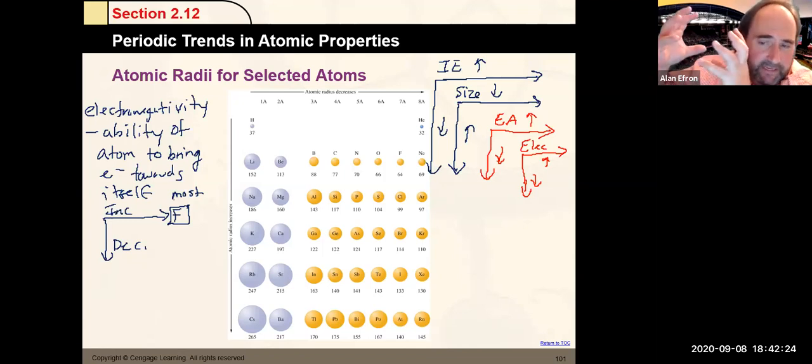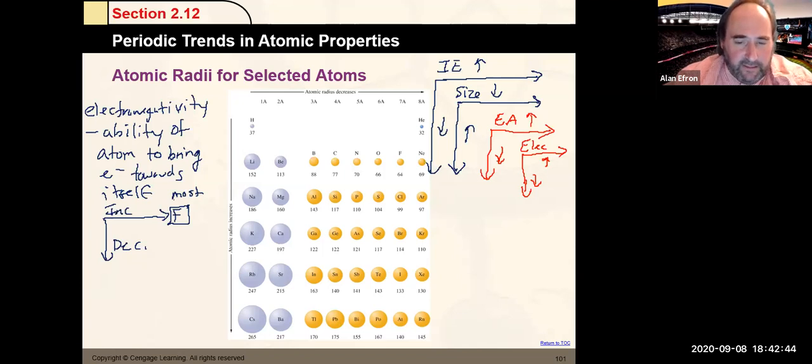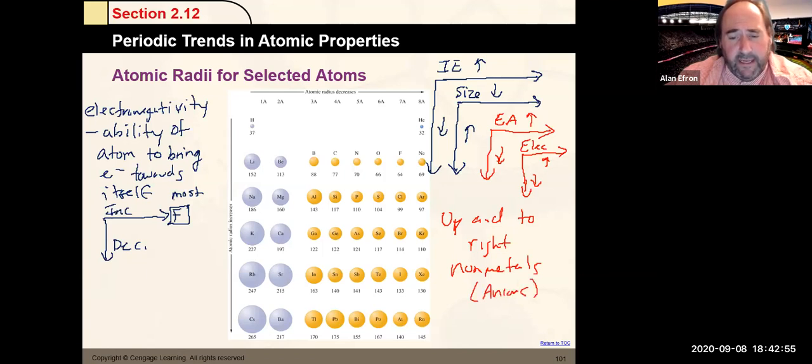And more importantly, because everything's so close to the nucleus, things feel a much stronger positive charge, which means not only is it going to hang on to its own electrons, it's going to want to grab some electrons from somebody else. And that's why, up and to the right is where we find our nonmetals. And nonmetals are typically our guys that make anions and become negatively charged and gain electrons.